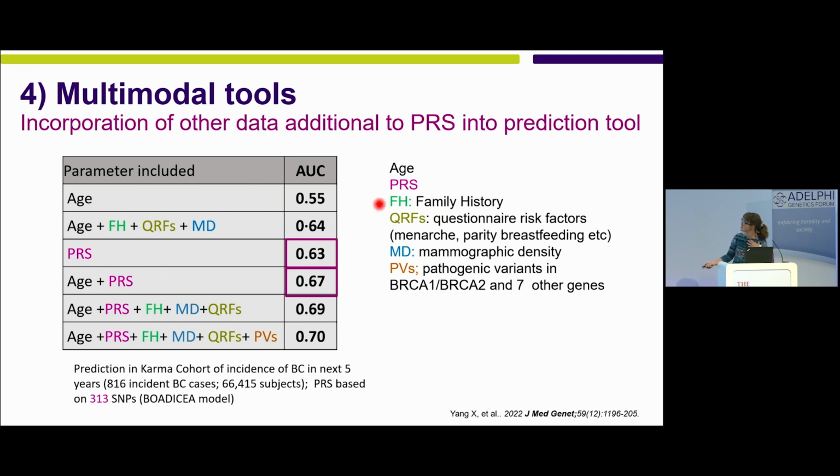They brought in not just polygenic risk score, but age, family history, so-called questionnaire risk factors associated with breast cancer, mammographic density, and then they actually sequenced 9 breast cancer susceptibility genes. You can see that your prediction goes up as you bring in more ingredients, but it doesn't go up that much. And each of these additional chunks of information has challenges to collect.